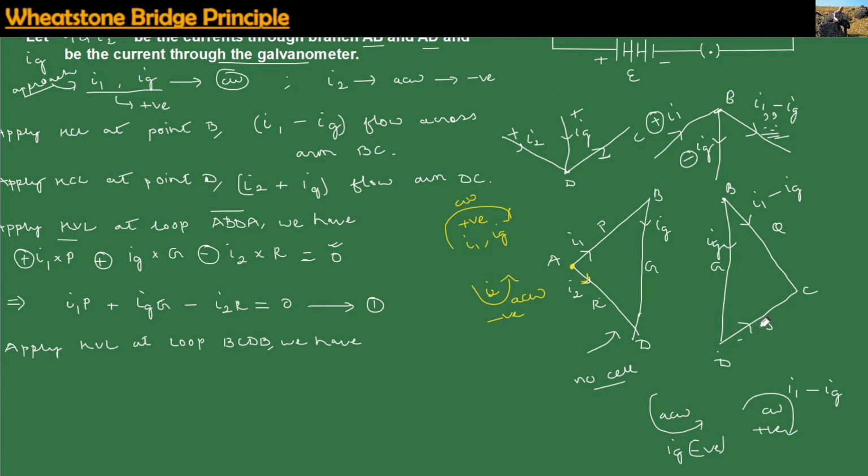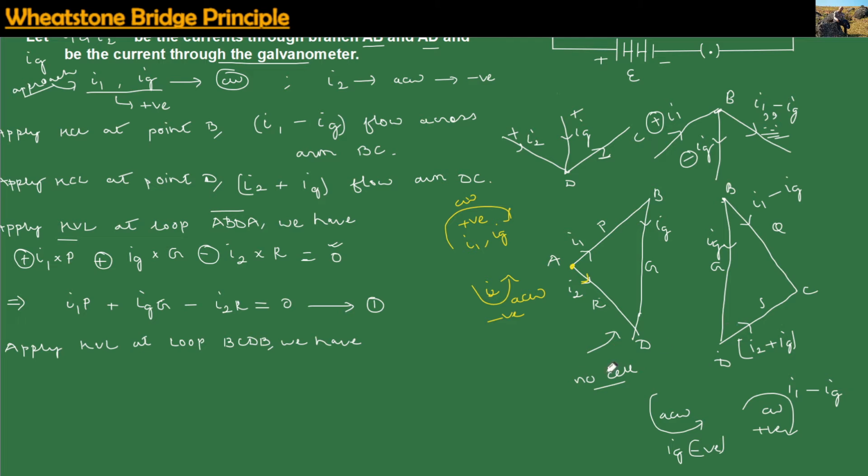Even the current across this branch DC will be I2 plus IG.